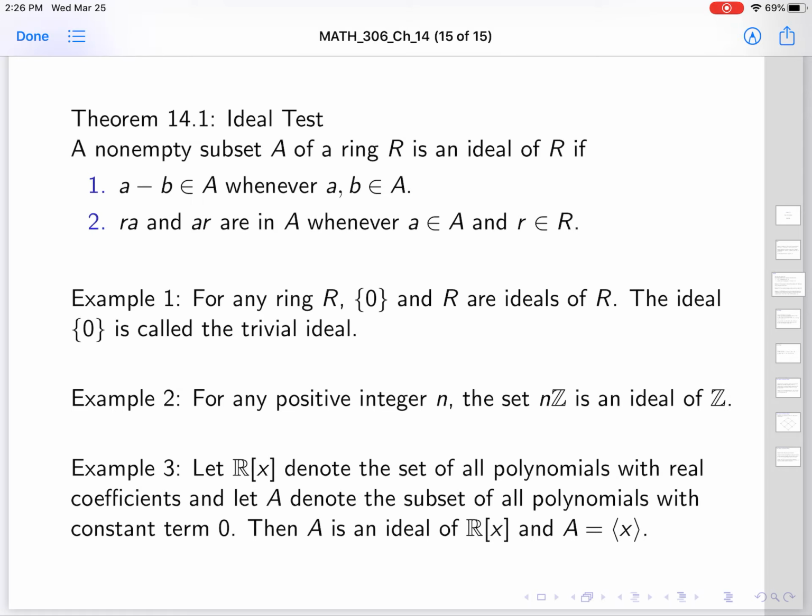We've dealt with Z[x] before, but here we just have real coefficients. And we let A denote the subset of polynomials with constant term of 0. Then A is an ideal of R[x], and A is equal to the cyclic subgroup generated by x.